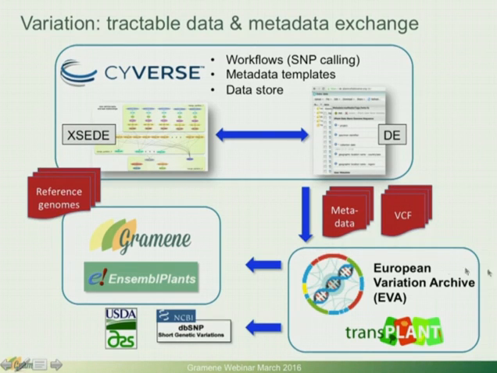But currently, we have a very productive collaboration with the European Variation Archive and the Transplant group, both based at the EBI, and we receive data directly from metadata, from VCF formatted files and metadata.